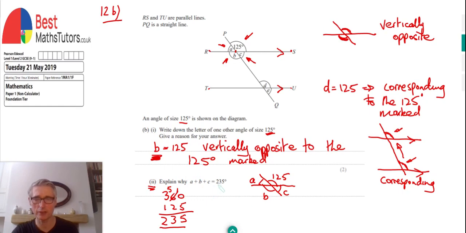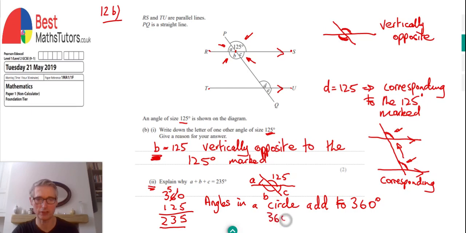So actually, our reason is angles in a circle add up to 360. And we could show this a bit better by saying the 360 to complete our explanation: 360 minus 125 equals 235.